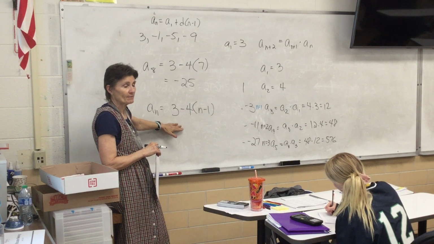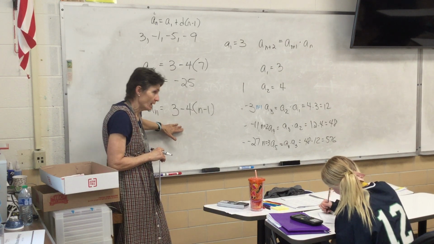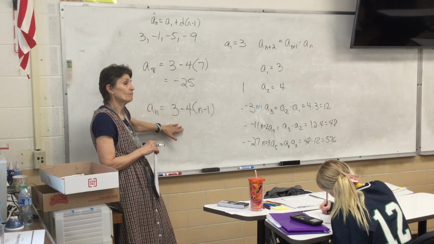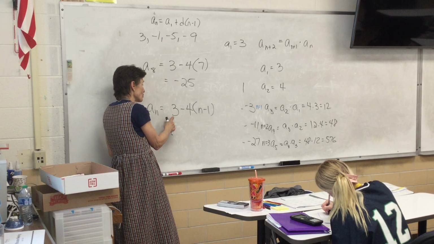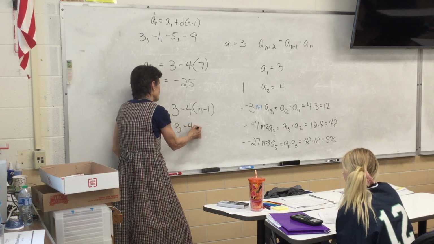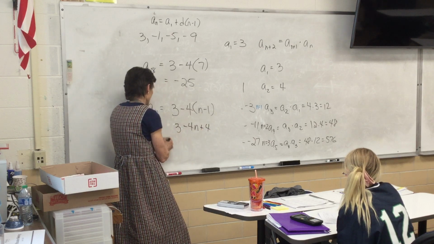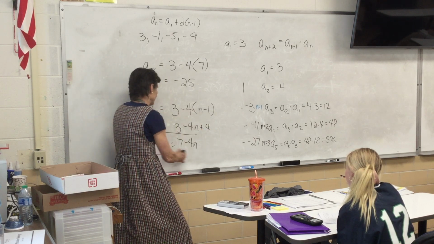Clean it up, and that's your answer. When you write the formula, all you plug in is the first term and the common difference. Then I can distribute. So my formula is 7 minus 4n.